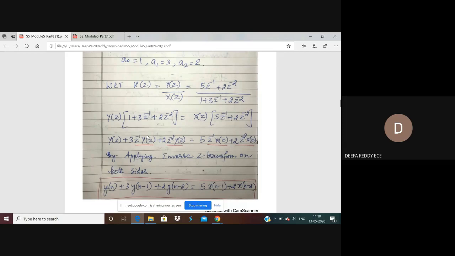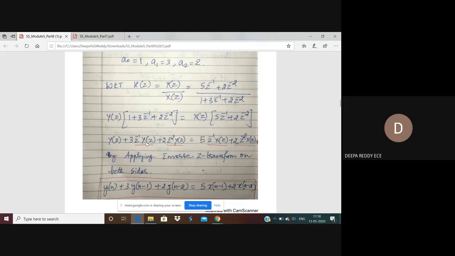What can we write? Inverse of Y of z is nothing but y of n. 3 is a constant, written as it is. What is the inverse of z inverse? I have told you in my last class, just a few minutes back, z to the power of minus 1 Y of z was what? We are using the time shifting property.